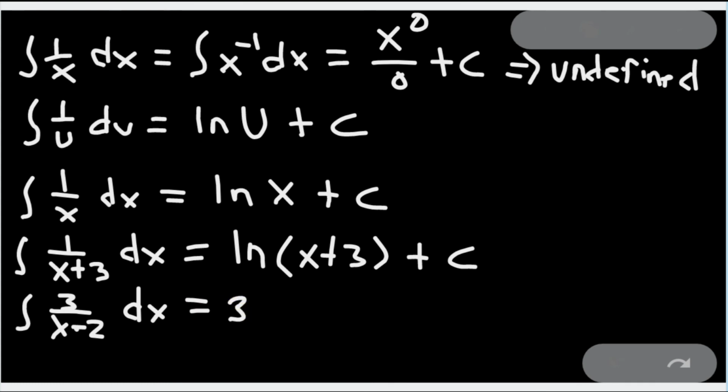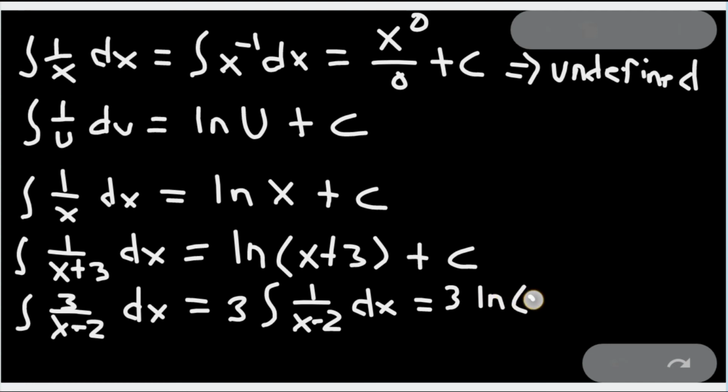So what we have is 3 times the integral of 1 over x minus 2 dx. Then, our u here is x minus 2. So what we have is 3 times the ln of x minus 2 plus c. So that is our final answer.